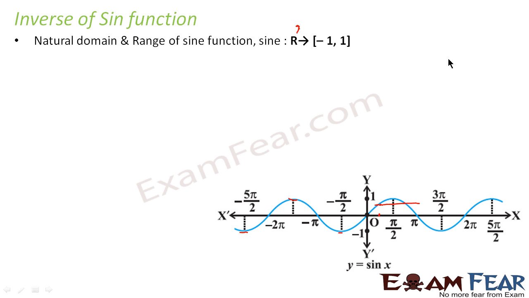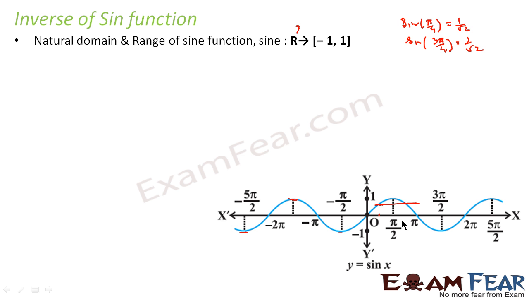Sine pi by 4 is nothing but 1 by root 2, and sine 3 pi by 4 is also 1 by root 2. So both these values, pi by 4 and 3 pi by 4, lie in this range. So we can't take this. If you take this, it won't be a 1 over 1 function.